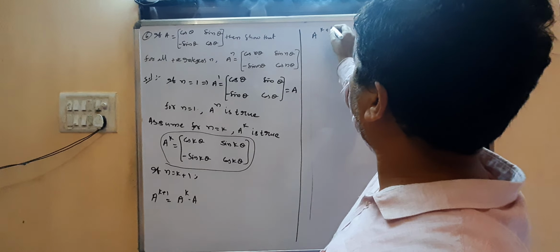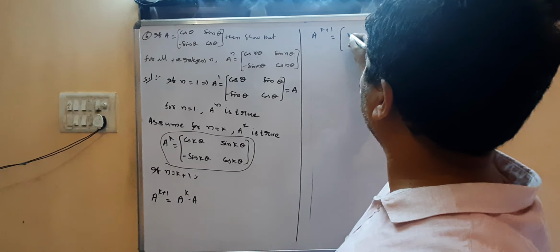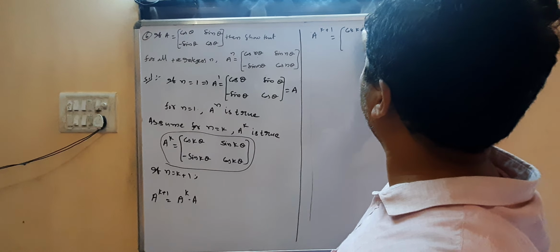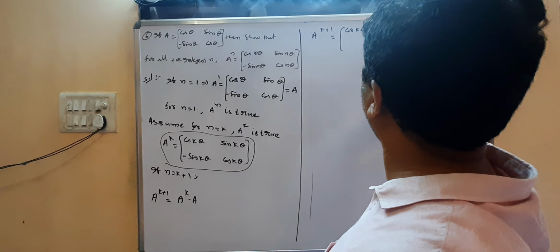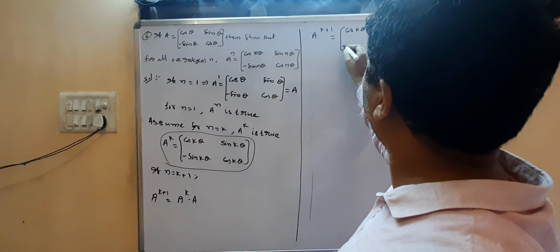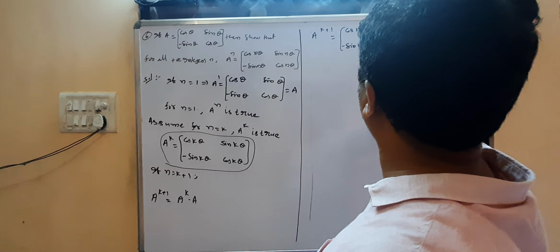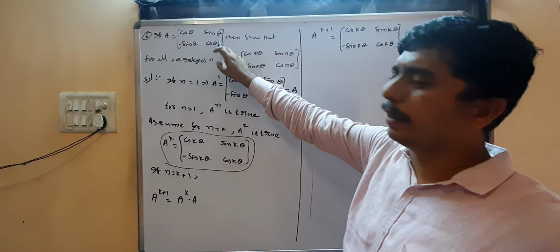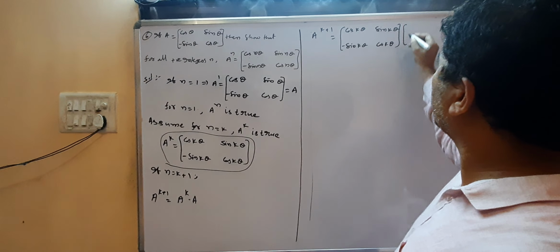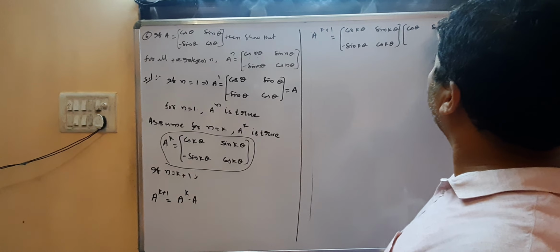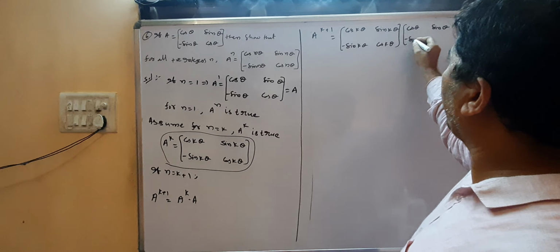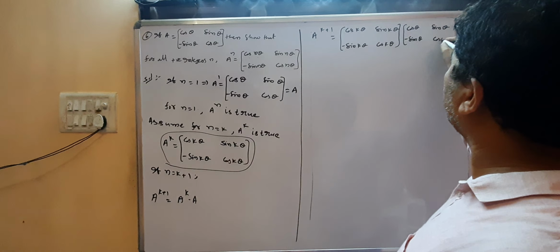A power k plus 1 equals A power k value, cos k theta, sin k theta, minus sin k theta, cos k theta, into what is the A matrix here? Cos theta, sin theta, minus sin theta, cos theta.